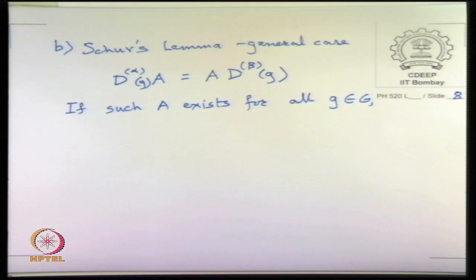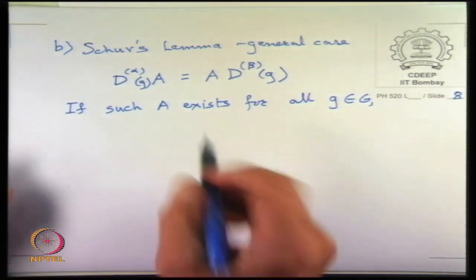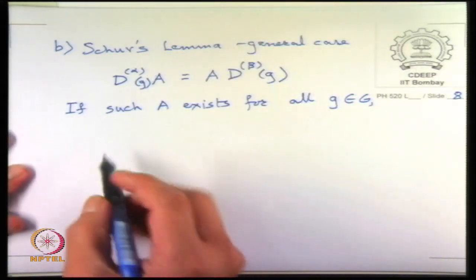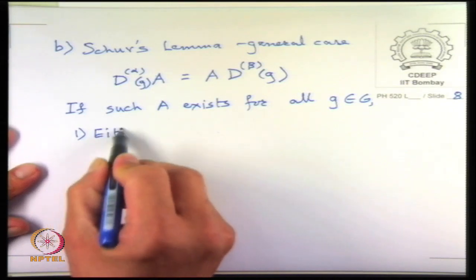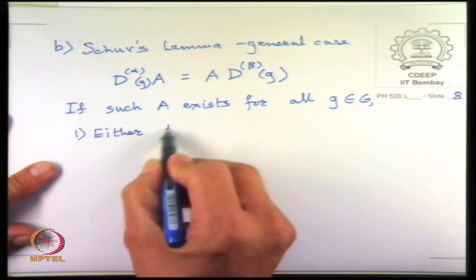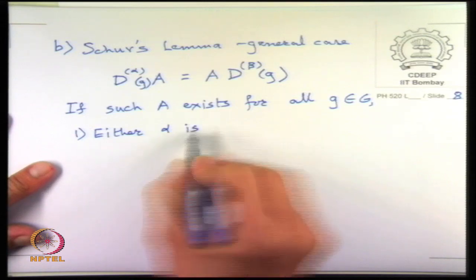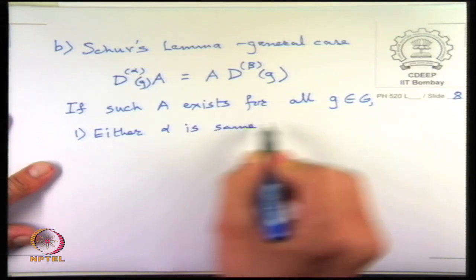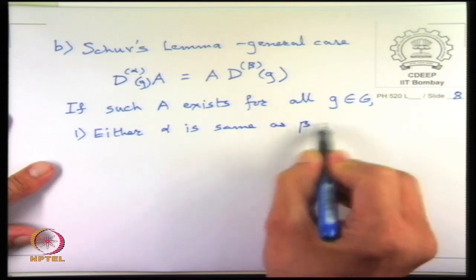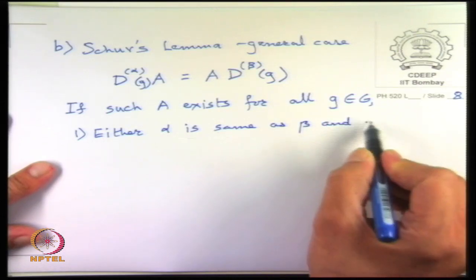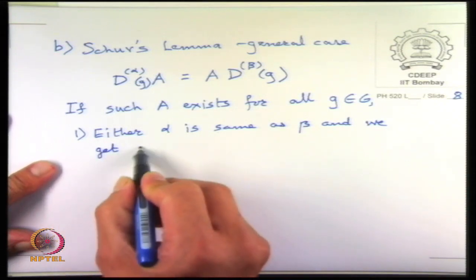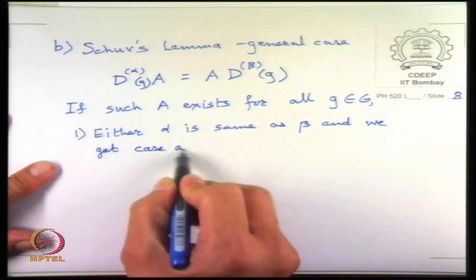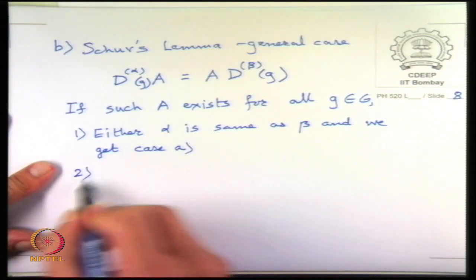Then the statement is that either we have to go back to the previous case, or A has to be 0.